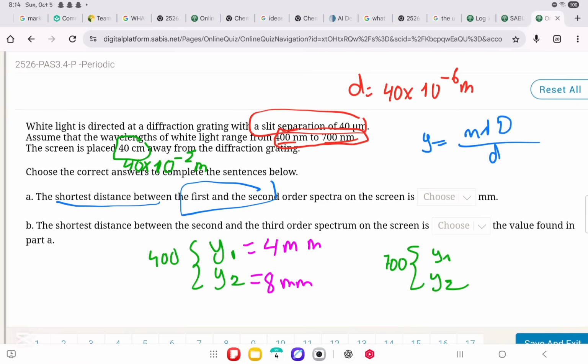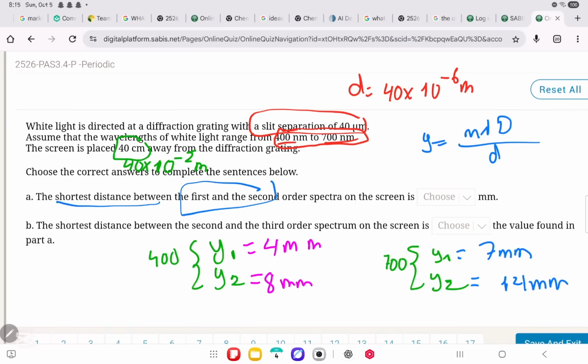But in this scenario, you're gonna change lambda into 700 times 10 to the power of minus 9. So that's gonna be 7 millimeters. And then last but not least, for y2, you're gonna substitute m equals 1 with m equals 2, and you will get an answer of 0.014, which is basically 14 millimeters.